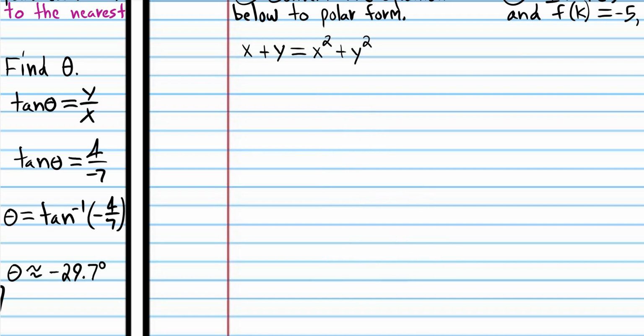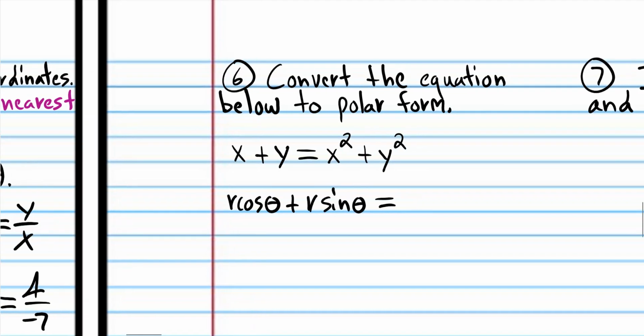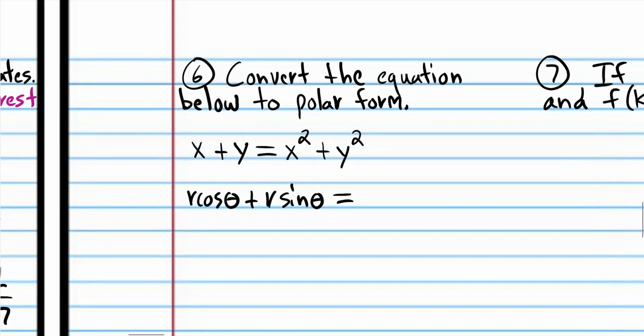So we're going to replace x with r times cosine theta. Why are we going to do that? Well, because we want to switch from x and y to r and theta. Using the same trigonometric definitions, we have r sine theta for y.